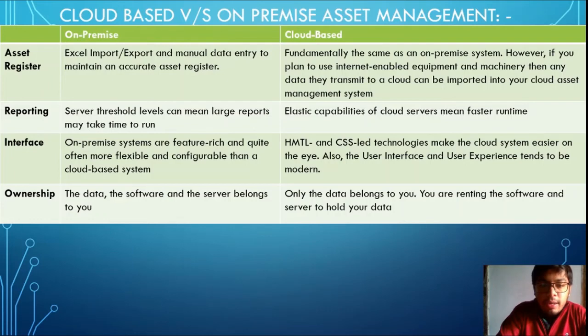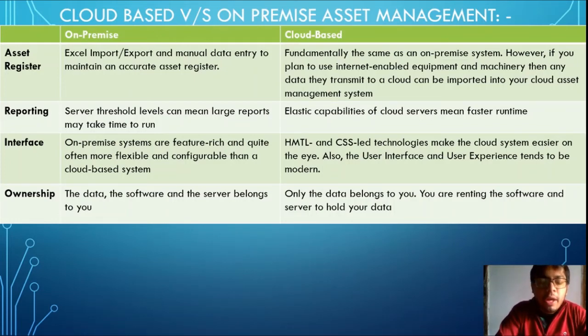So when you want to upload your data over the cloud, you can upload it to the cloud asset management system. Reporting server threshold level can mean a large report may take time to run. Elastic capabilities of cloud servers mean faster runtime.